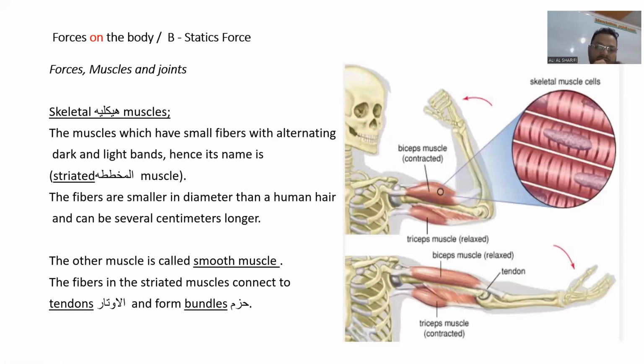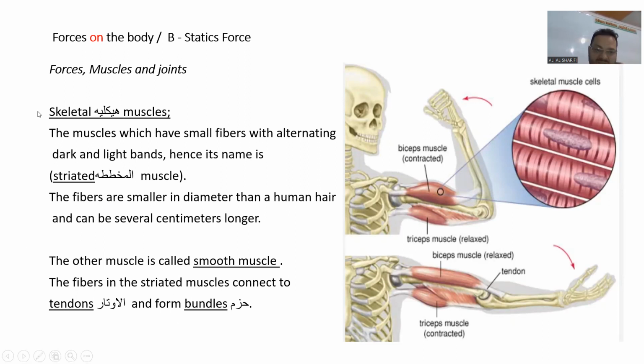Forces, muscles, and joints. Here we must first have some information about physiology, because of that I use this picture to illustrate the biceps, the triceps, and the movement. All of them consist of muscle cells, and how all of these move, how they can take a weight more than their sizes, okay?